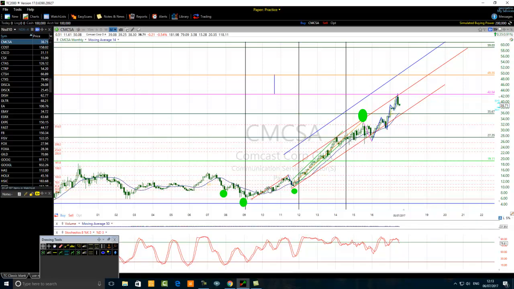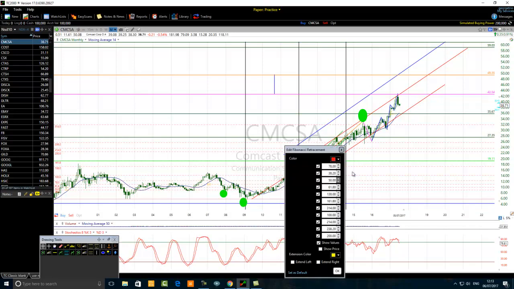I will bring it up soon. So the 161.8% level and the 261.8% level are the levels where the third wave, if extended, is likely to stop. 261.8%.